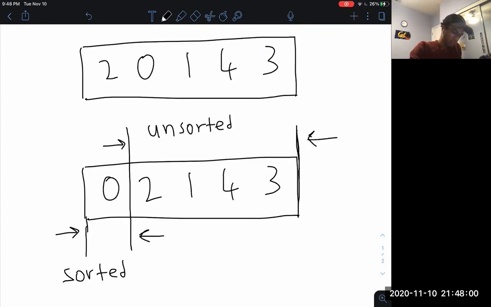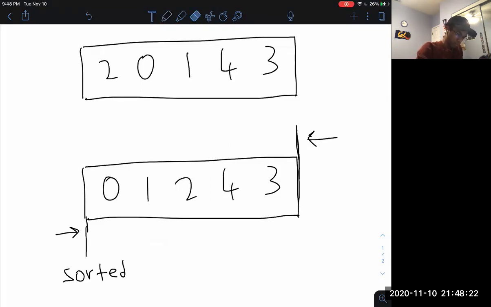Okay. And then we just repeat the process. So now again, we look through this entire unsorted portion, find the minimum element, which in this case is 1, and then swap that with the first element of the unsorted portion, right? So once again, we swap 1 and 2, and then move our bounds one more time, right?